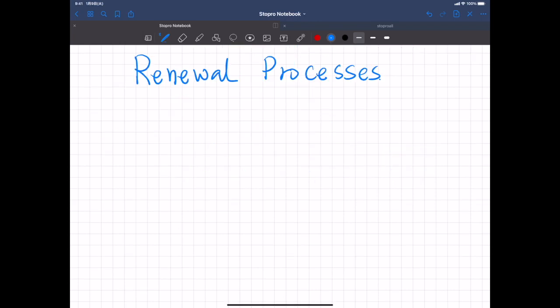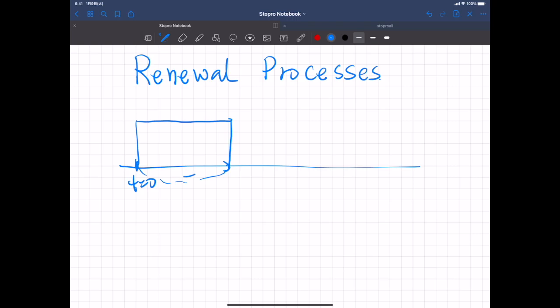Next, we consider renewal processes, which is a process where we replace failed components with a new component. Every time a component fails, we replace it with a new one with the same properties. Let's say starting from t equal to 0, we start using some component. When it breaks, after some time, let's call it T1, we replace it with another component.